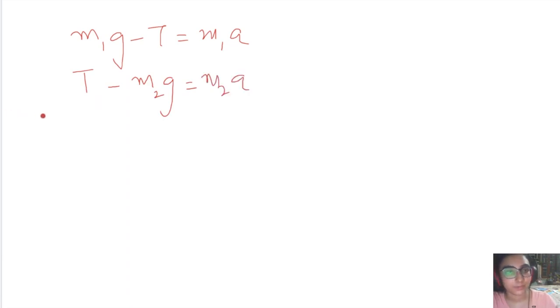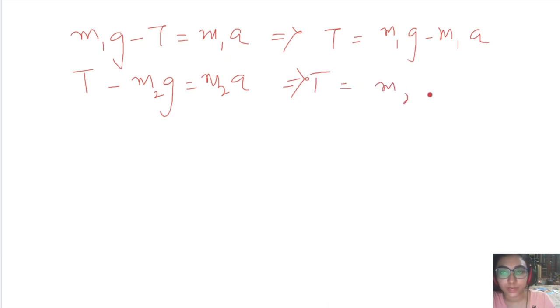This was our equation. तो यहाँ पे मिल रहा है हम लोग को T equals m1g minus m1a, और यहाँ पे we are getting T equals m2a plus m2g. So since both are equations for T, we can equate them, right? This is equation 1, this is equation 2.